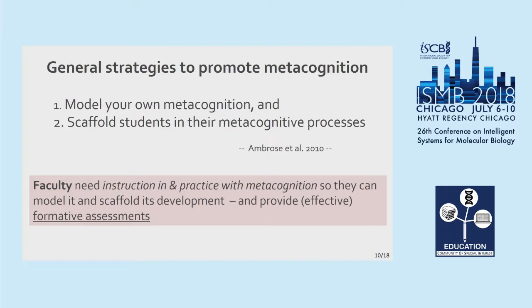And the second general strategy is to scaffold students in their metacognitive process, which means scaffolding refers to the process of supporting your students in the early stages of learning, and then start removing this support as they become more expert during the process of learning.